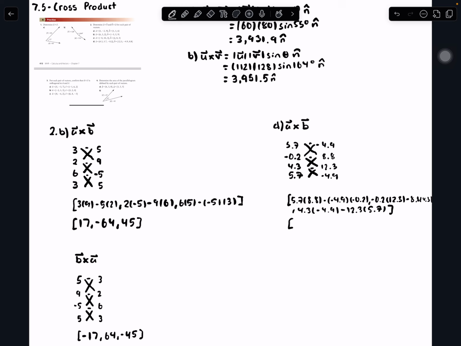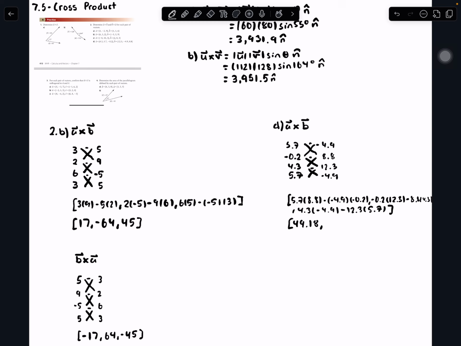so 4.7 times 8.8 minus 4.9. A lot of negatives here floating around. Quite annoying. 49.18. Okay. And then we have, just make sure not to screw up your negatives when doing these questions.